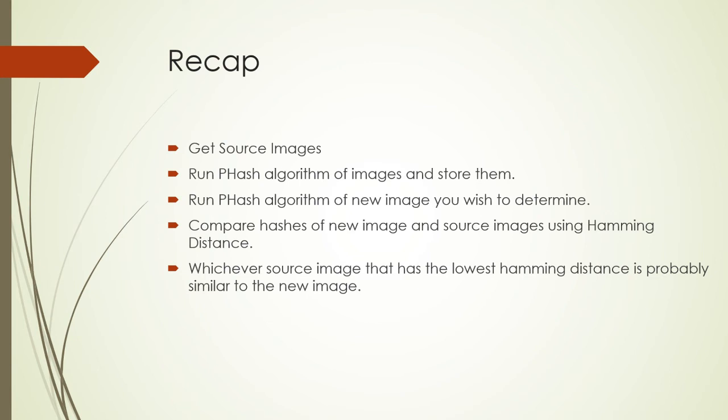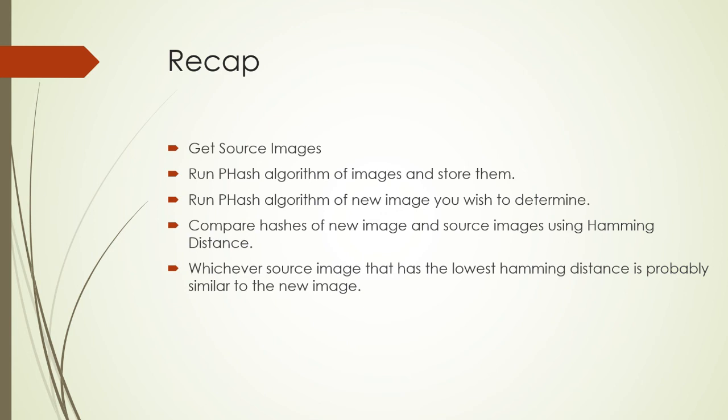And whichever source image has the least Hamming distance, that image is going to be the one that our card is representing. So whichever has the lowest Hamming distance is probably similar to the image that I took a picture of.